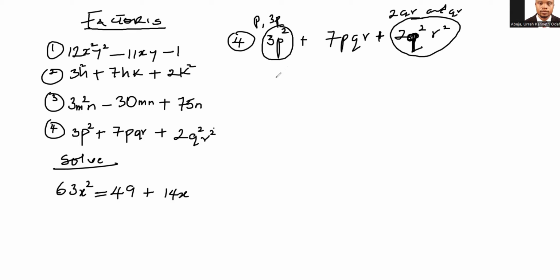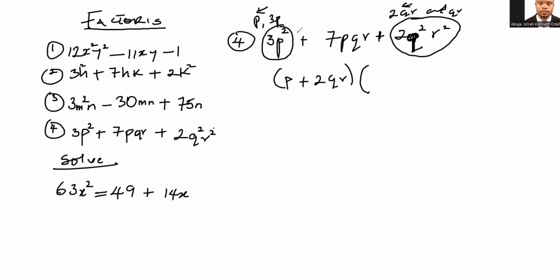So let's put them together in the bracket. So we have p first and plus 2qr. Now, the most beautiful thing about this question is the fact that they are all positive, so it makes the work very easy for us without stress.